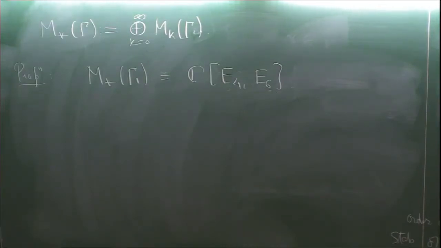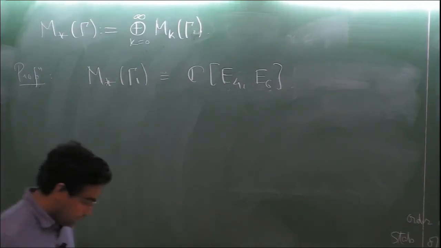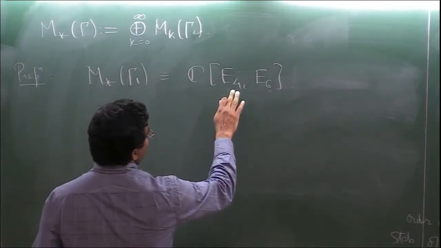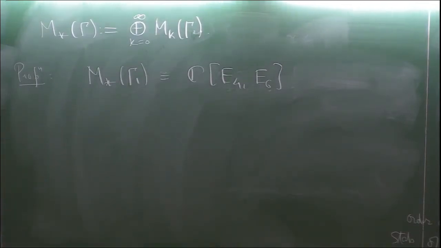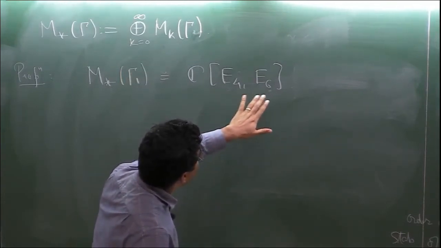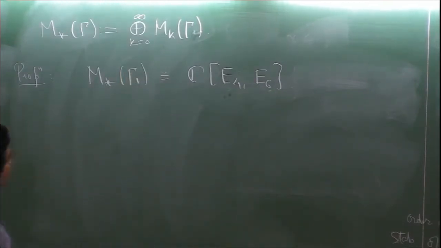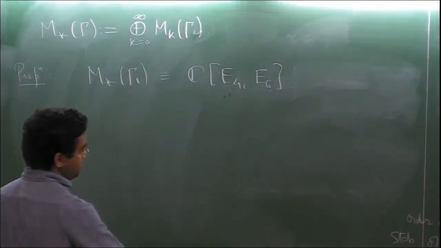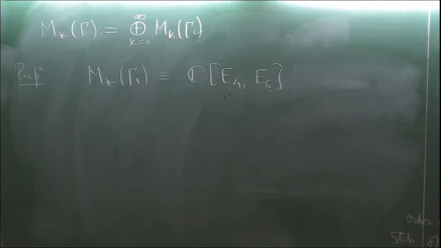Okay, so how does one prove this? Basically, because of the dimension bound that we had earlier, it's enough to prove that E4 and E6 are algebraically independent. Then you can check that any modular form of any particular even weight k can be obtained as a linear combination of monomials in E4 and E6. And those are all because of the dimension bound that we had.